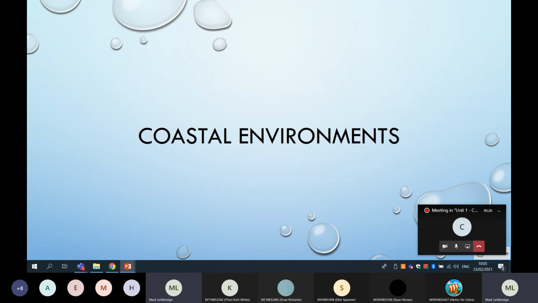So generally, the big thing that is looked at in this booklet is three dominant coastal environments, and they are what we call aeolian, fluvial, and biotic environments. What we mean by those is an aeolian environment is a wind-blown environment, so an environment that is dominantly there because of the wind.